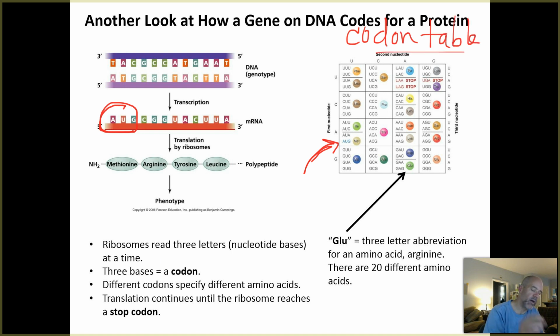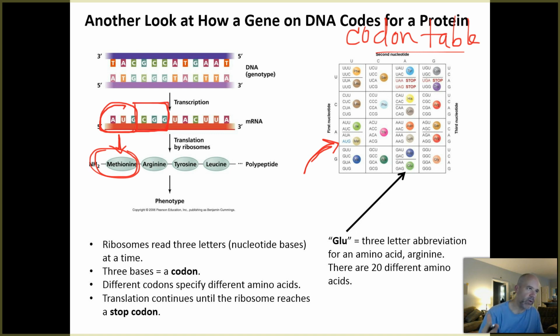Codons are sets of 3 of these AGCU bases together, and every 3 of those specifies, well, not all of them, but most of them specify some amino acid you're going to use to build a protein. So for example, AUG specifies that the ribosome is going to put this amino acid, methionine, into the protein it's building, always.